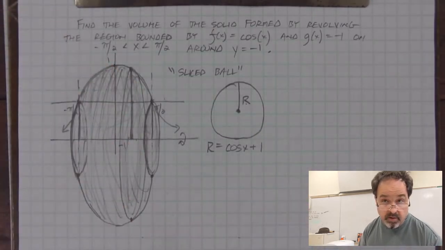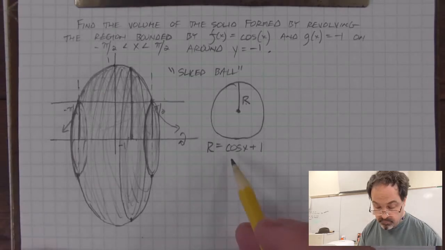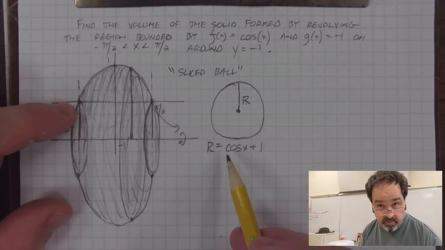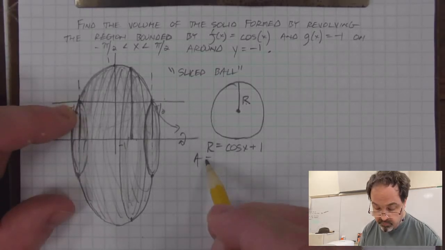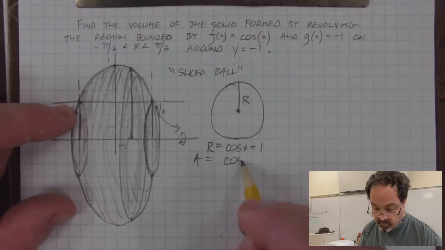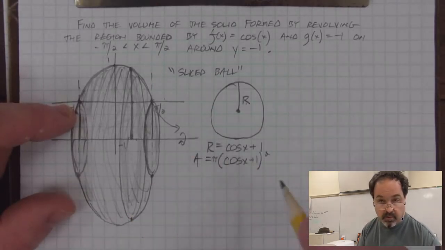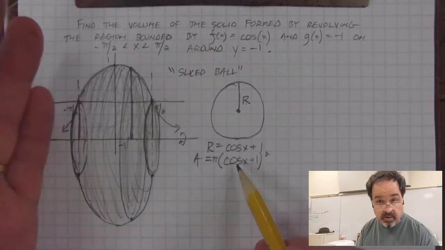Very often it includes some addition or subtraction. Now, with the expression for the radius of any representative disk or slice, I can find the area of that disk by squaring it and multiplying by pi.